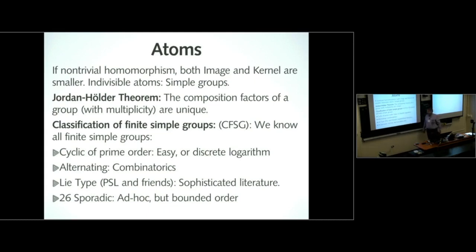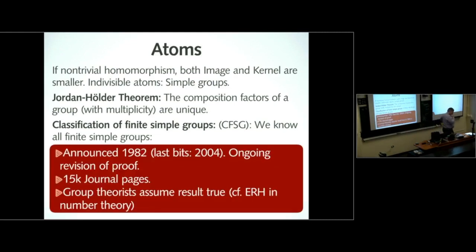The other result, which is, depending on how you count, 40 years or 20 years or minus n years old, is the classification of finite simple groups. This is a huge result, at least 115,000 journal pages.